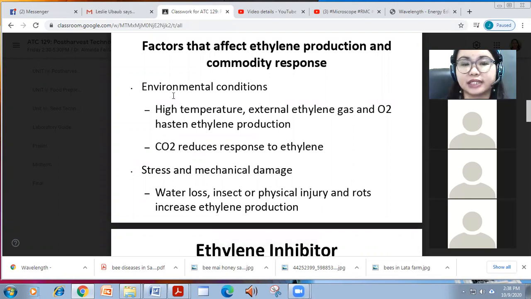Another one is environmental condition. High temperature will produce more ethylene gas, and oxygen will hasten ethylene production. That's why in modified packaging material there is more carbon dioxide than oxygen, to avoid ethylene production. This carbon dioxide will also reduce response to ethylene.